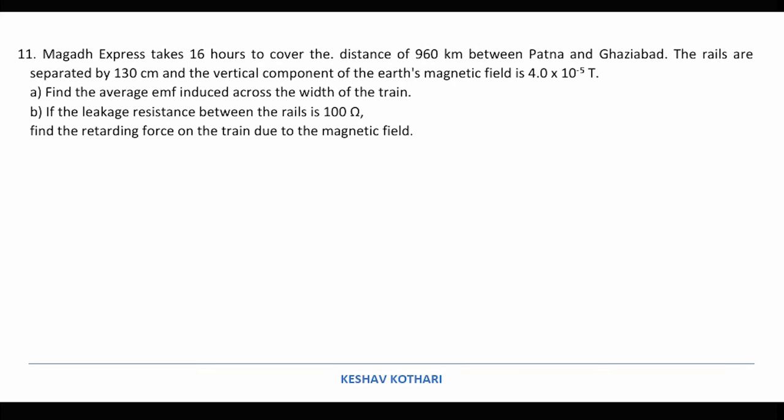The first thing that we are doing is we will calculate the speed in kilometer per hour and convert it into meter per second. So first of all we calculate the average speed of the train.